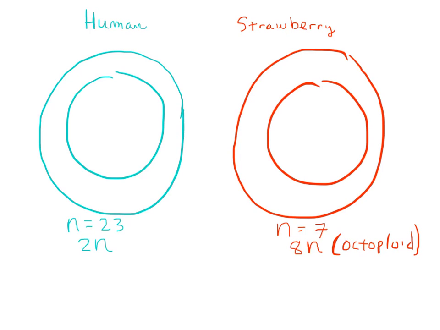So a human has 46 chromosomes in each cell, while a strawberry plant has 56 chromosomes.